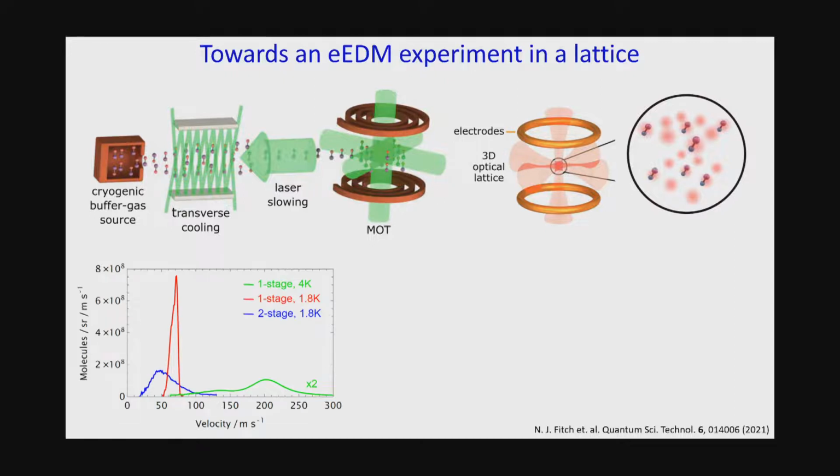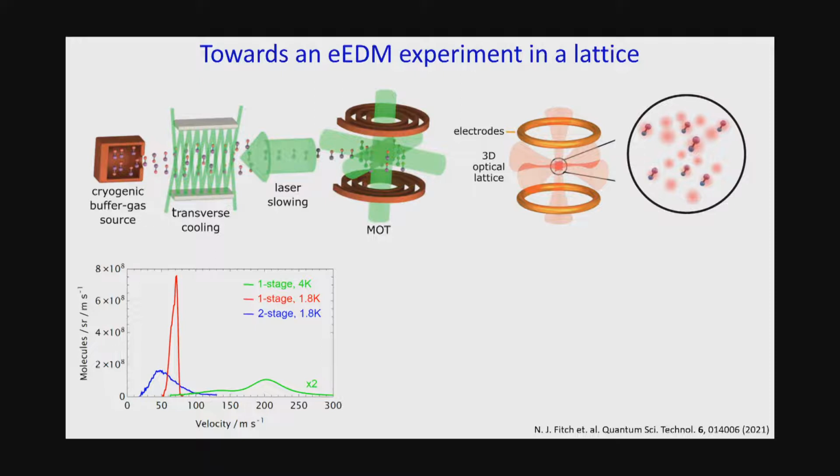One thing that we really need is very, very slow molecules coming out of the cryogenic source to give us the best possible chance of loading them into the MOT. Normally our molecular beams are moving about 200 meters per second, but we learned pretty much everything from John Doyle's group at Harvard on how to slow those molecules down to much lower velocity, and we have molecules now moving around 40 meters per second.